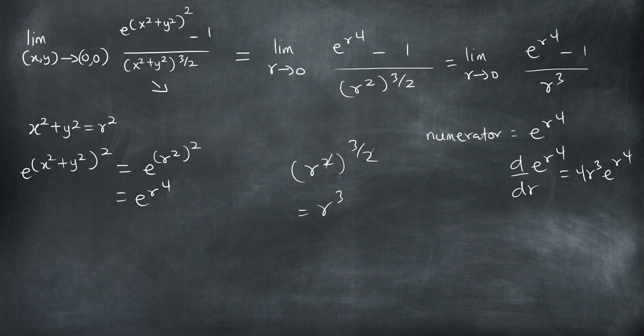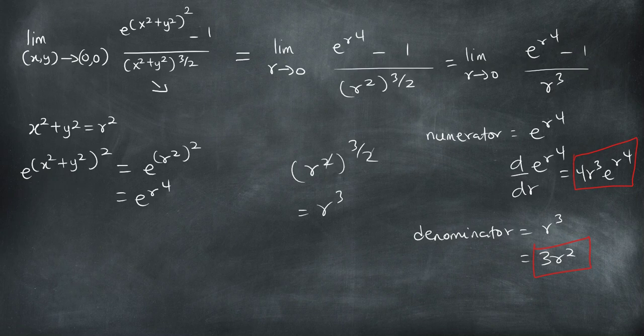Now let's differentiate the denominator. For that one we have r cubed, so when you differentiate this, you are going to get 3r squared. So now we have two new expressions here.